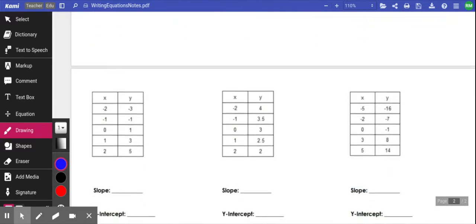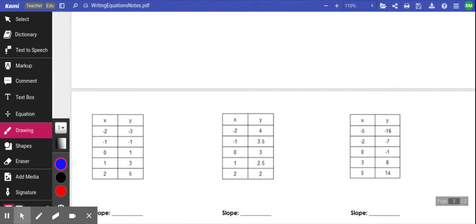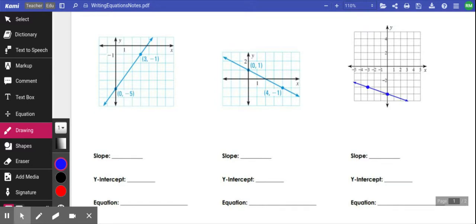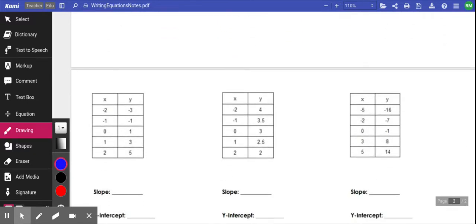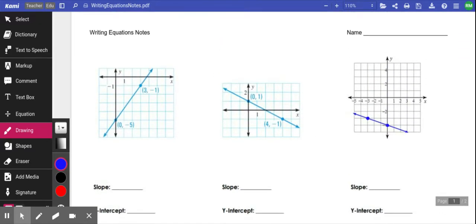And on the second page, I'd like you to find the slope of all three tables. Take a minute, pause the video, and find the slope of all three graphs and all three tables. And then push play when you have found all the slopes.